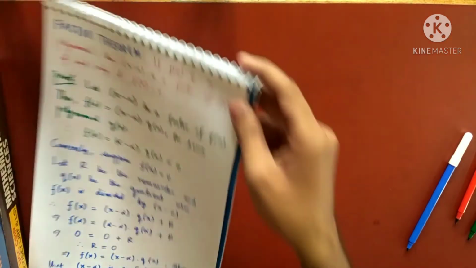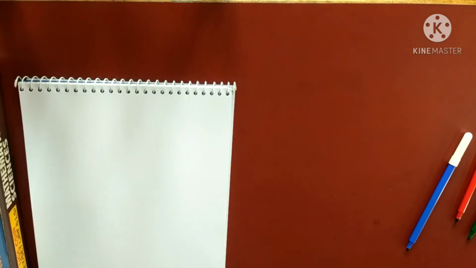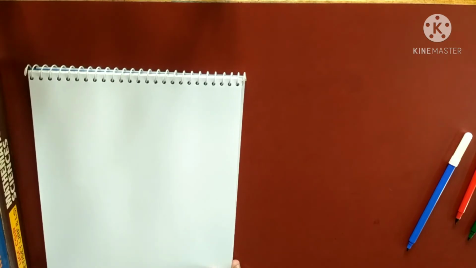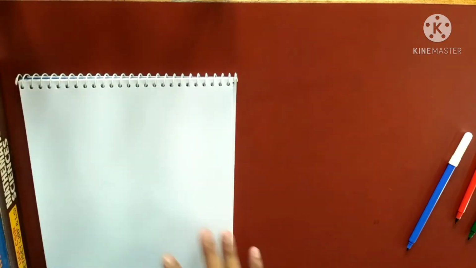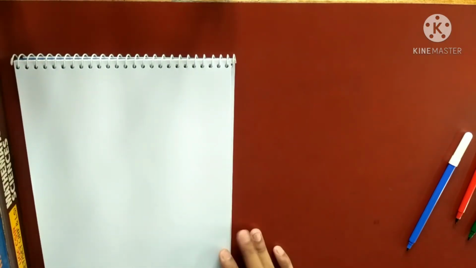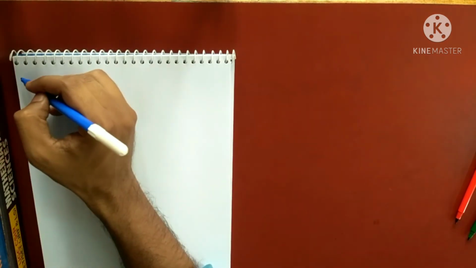So let's do some applications of these two, the remainder and factor theorems, and keep in mind that these two are only true for linear polynomials. When I am dividing by a linear polynomial, then only they are true. Otherwise, these two theorems will not hold in general for any other polynomial. So, suppose I have a question.